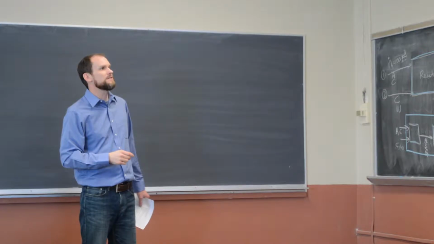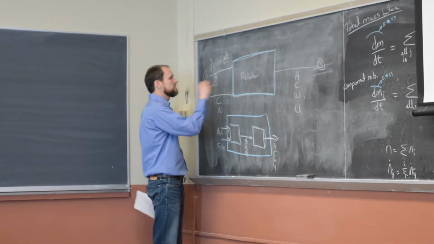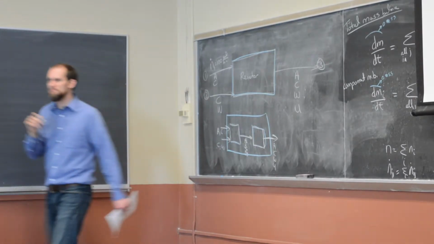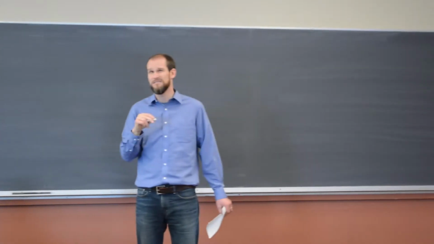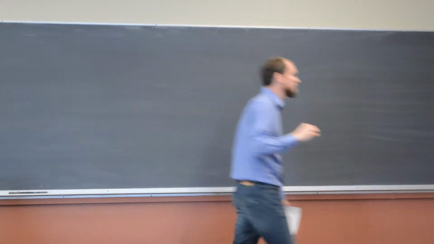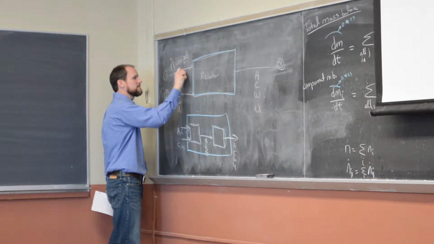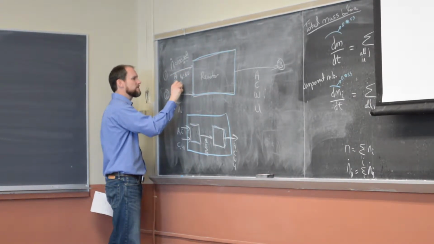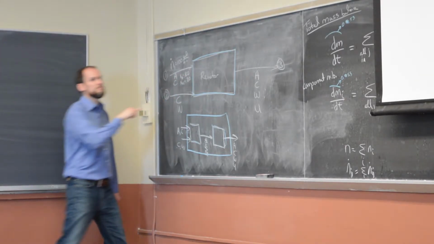Great. What else? 80% NH3. What do we use for mole percent composition? X. So X1 of ammonia is 80%, X1 of CO2, 20%.